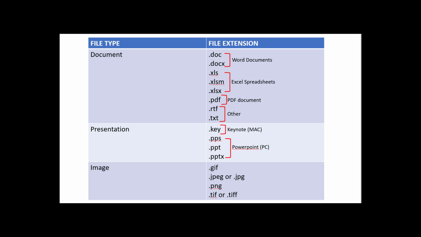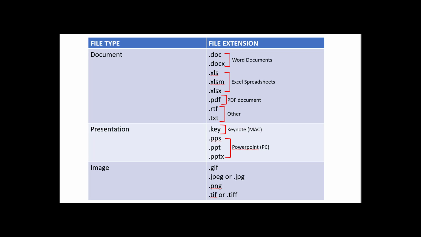The following defines common file types that you should probably keep in your course, and it also identifies ones that you probably need to delete. As you can see here, the file extensions for documents include .docx, your Word documents, your Excel spreadsheets, your PDFs, and you may see these ones identified as other.